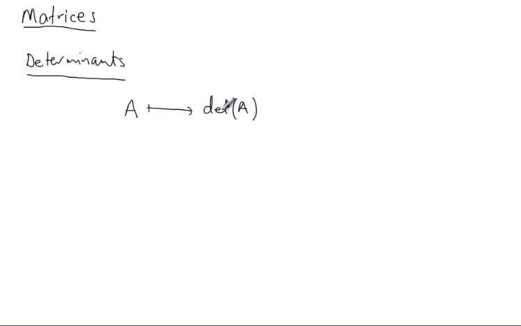You take a square matrix, you assign the number, and we call it the determinant of the matrix, or sometimes we use this notation, A with bars, which is more or less like absolute value. But don't confuse that to mean the number is positive. It's just a number. It can be positive, negative, or even 0. Right, let's pause there.